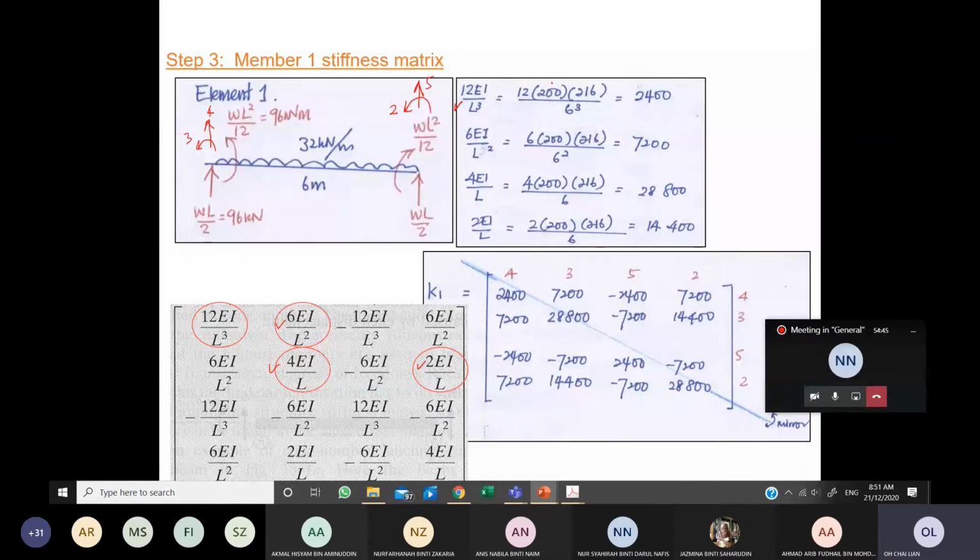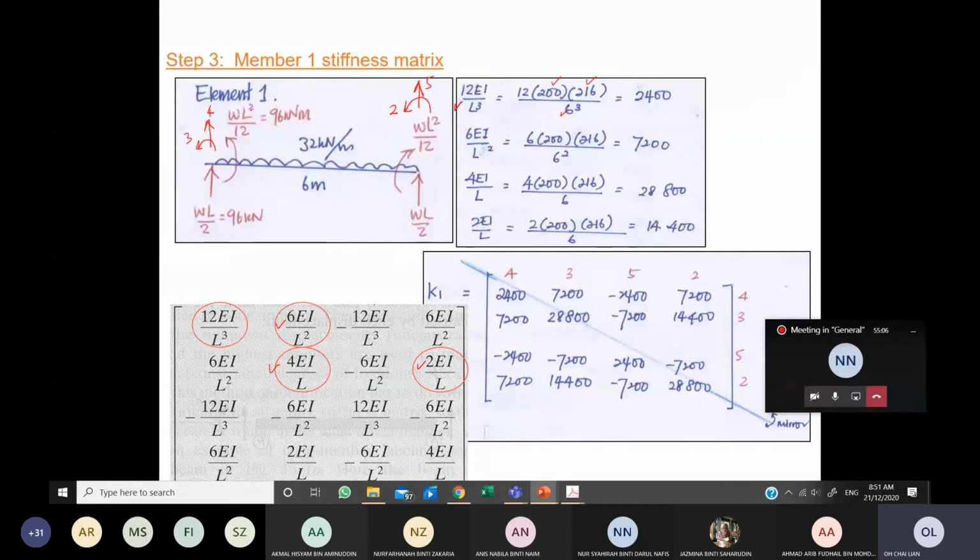So you need to know what is the E and what is the I. If not, it will be in terms of EI. Okay, and what is the L, the length for this element. Now you're talking about this element 1 only. You don't talk about other elements. So for this element, you need to draw this element and see all the information.